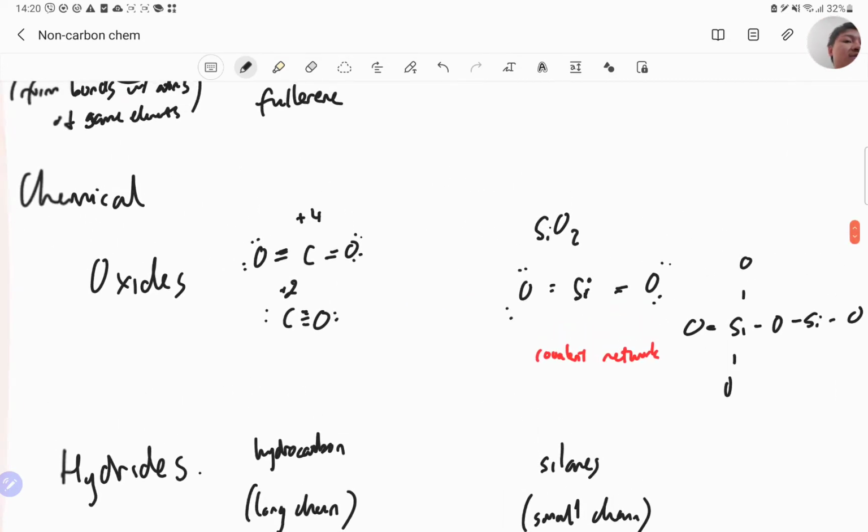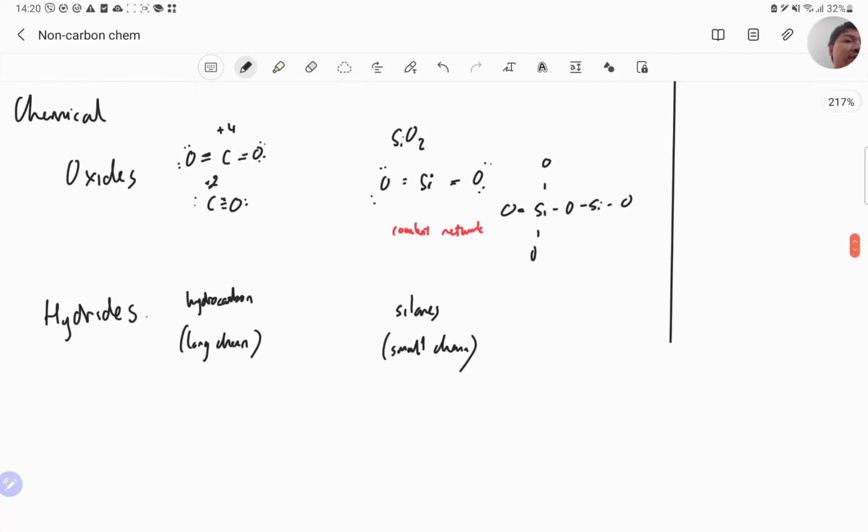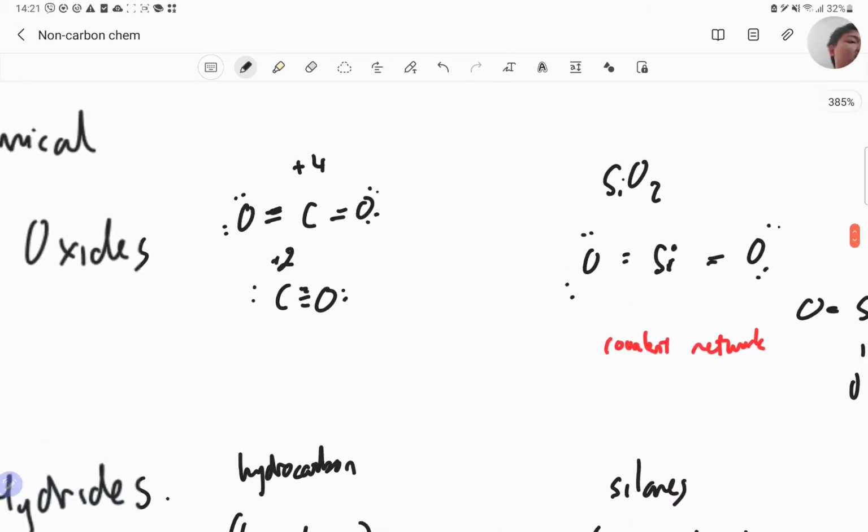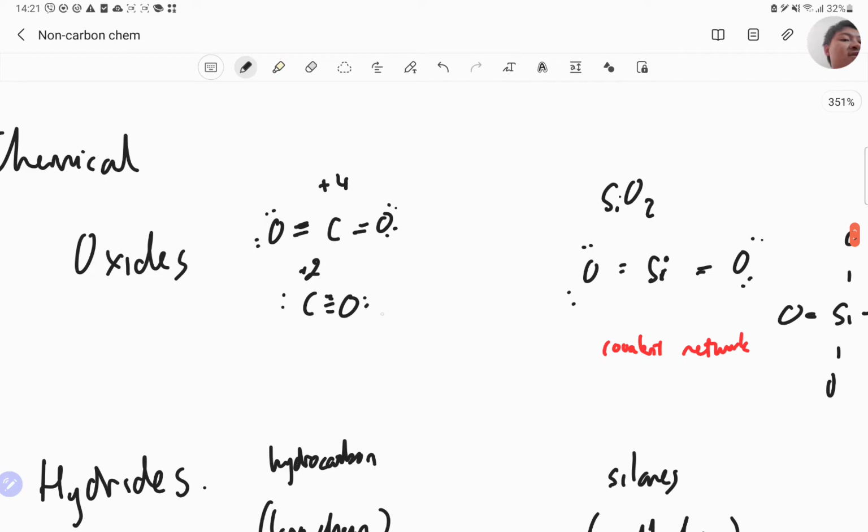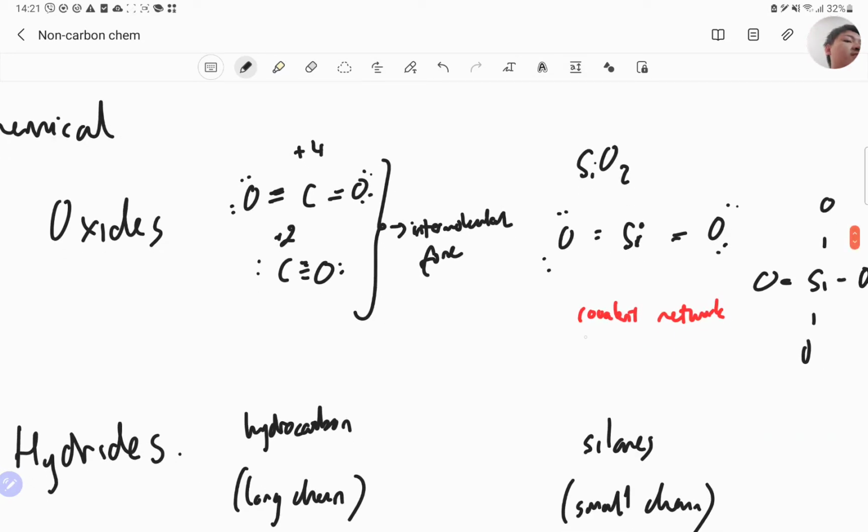And as a result, the covalent network will be quite strong. So it will exist as a solid, whereas that will exist as a gas because of the intermolecular force.